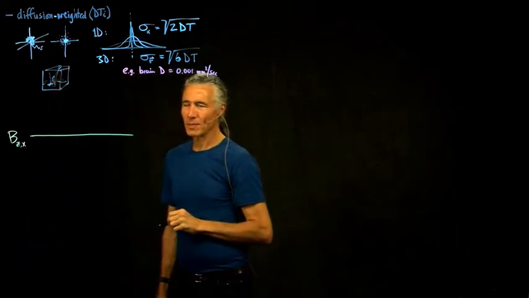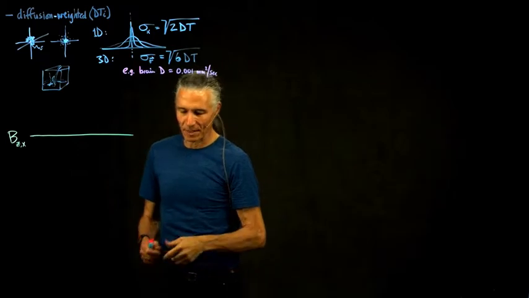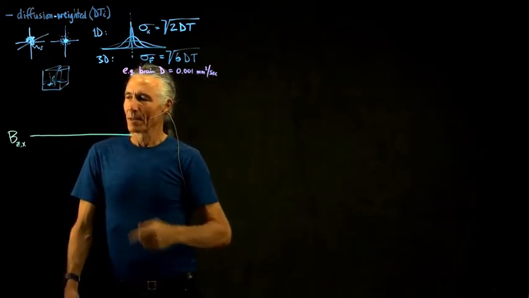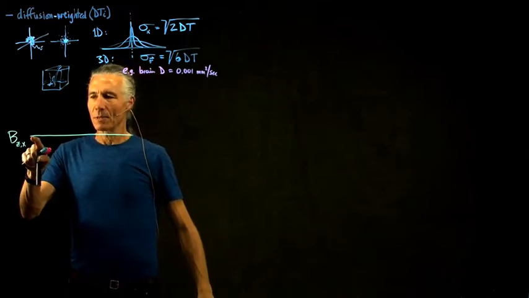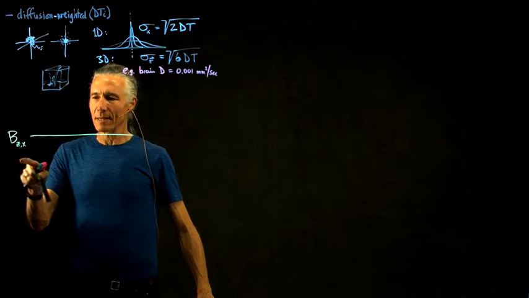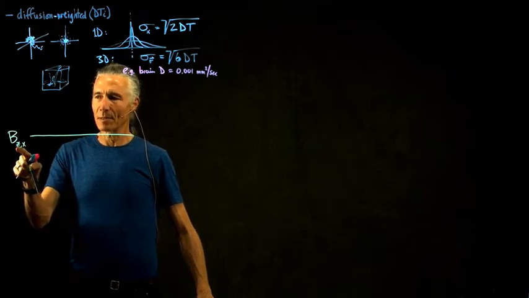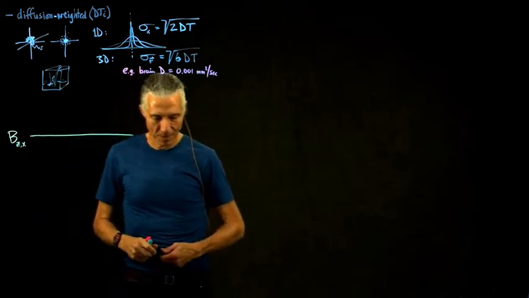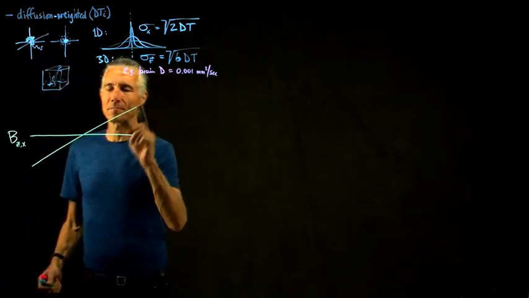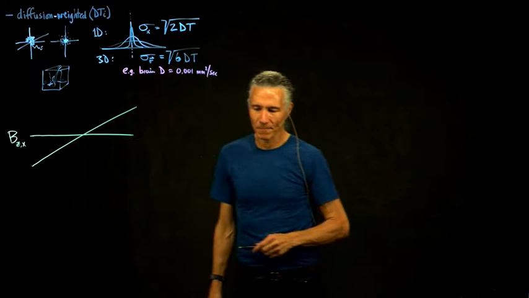Remember, everything's about the BZ field because that's the thing that controls the precession. But we're talking about the x gradient, so the x gradient causes a linear change in the z component as you move in the x direction. So we turn a gradient on like that.